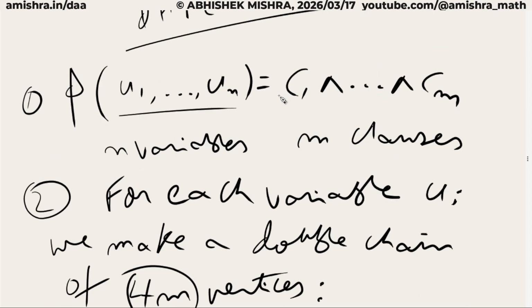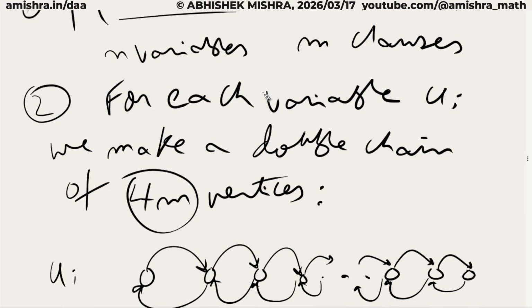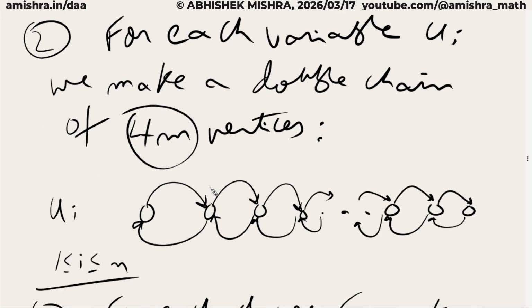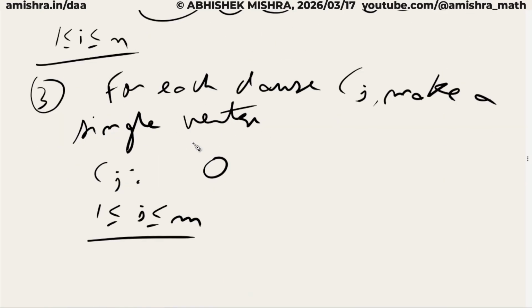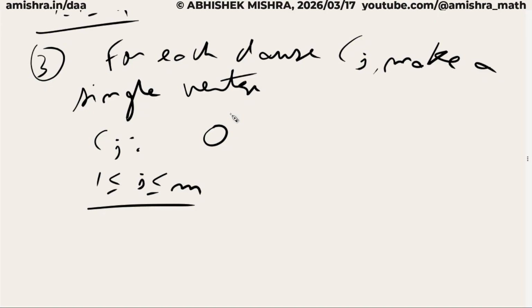So we have defined the structure depending upon the variables and clauses. We make chains corresponding to each variable, each having 4m vertices, and for each clause we make a single vertex. Now how to make the connections?